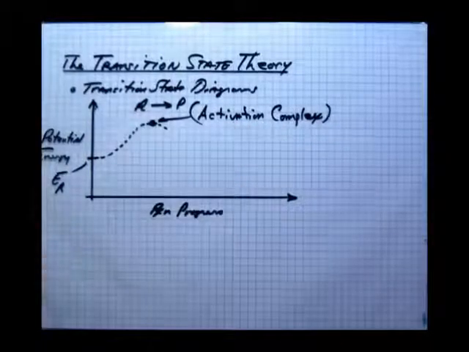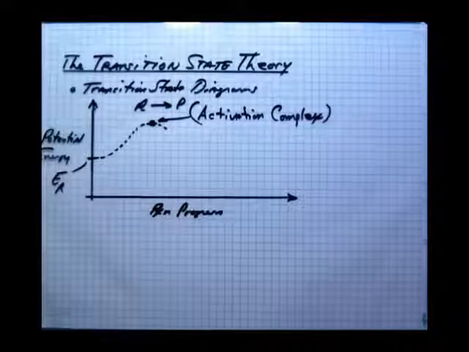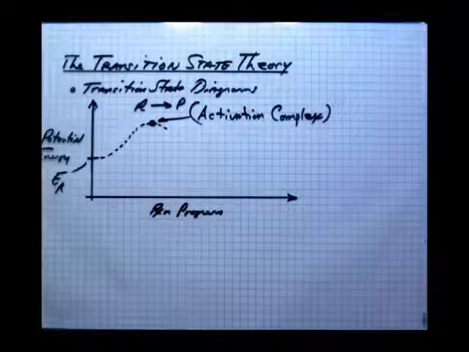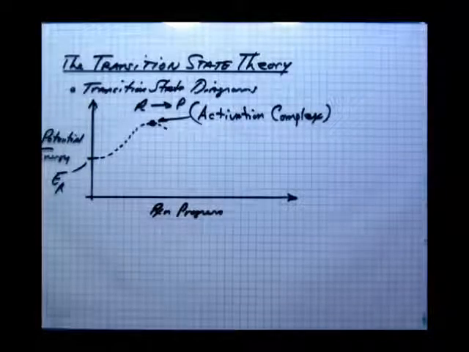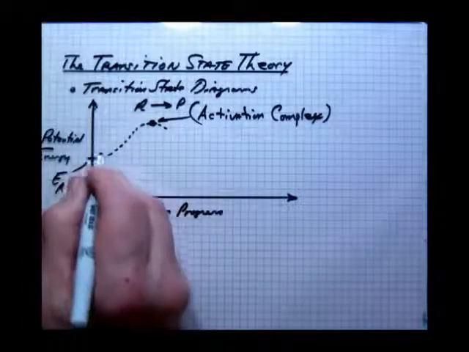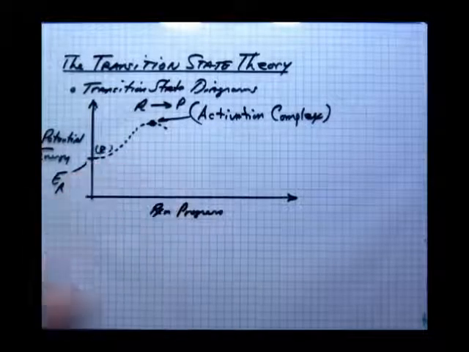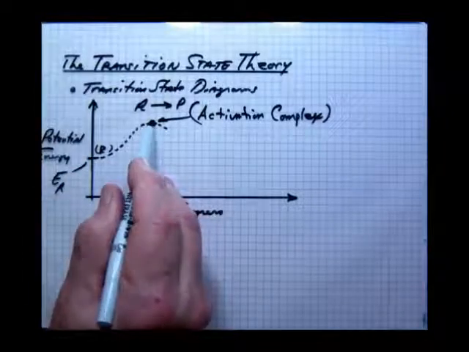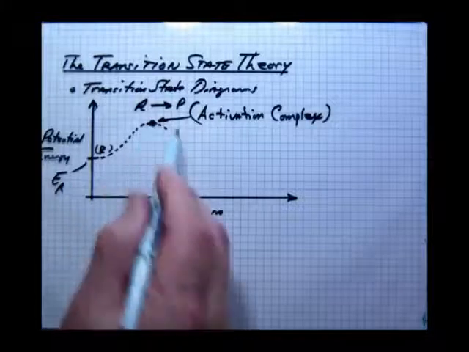It has a short life. It may violate the octet rule, but it decomposes and produces products. Sometimes it rolls back down, if you will, to the reactant side.